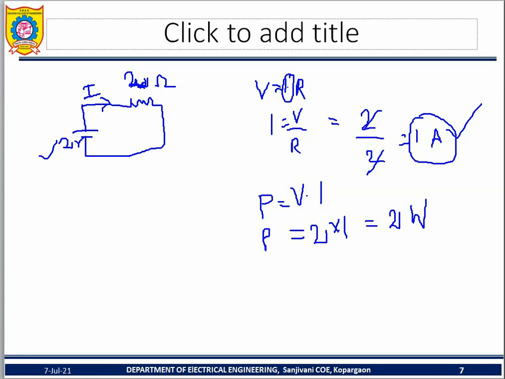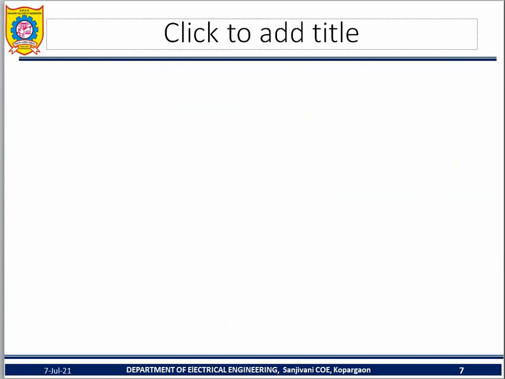Find the current and power. The answer is 1 comma 2: 1 for the current and the power is equal to 2. So that's all about Ohm's law implementations. Let's move on.